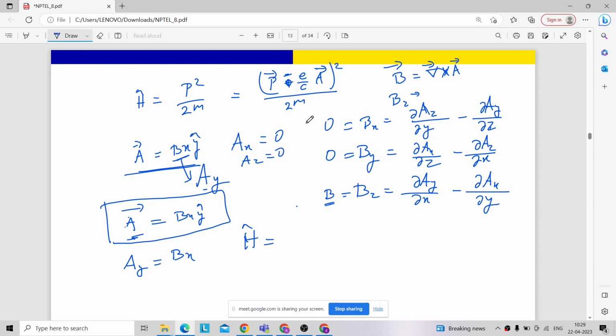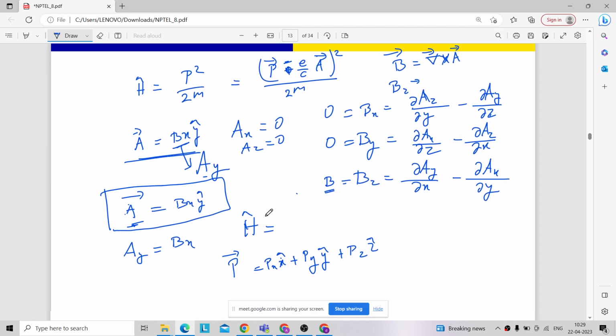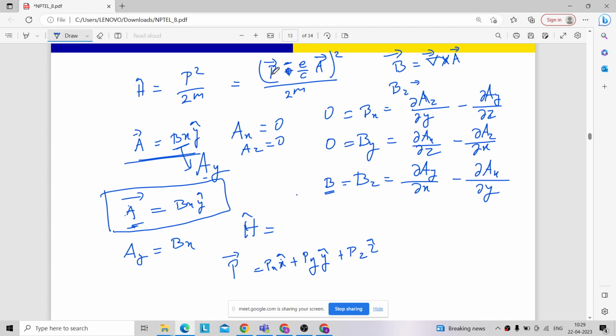Okay, this is momentum P. So this momentum P will contain Px xk plus Py yk plus Pz zk, right? Now I have a term like P minus e over c A vector, right? So each component of A will be added to each component of P, right?